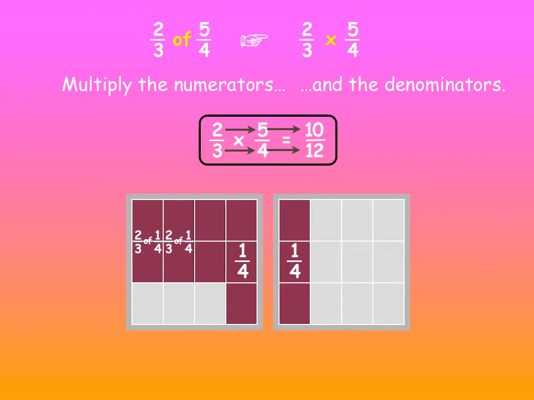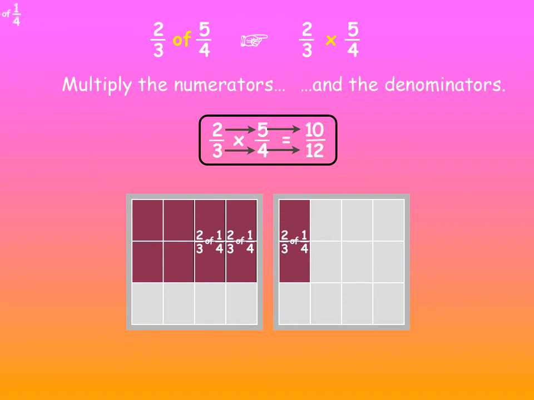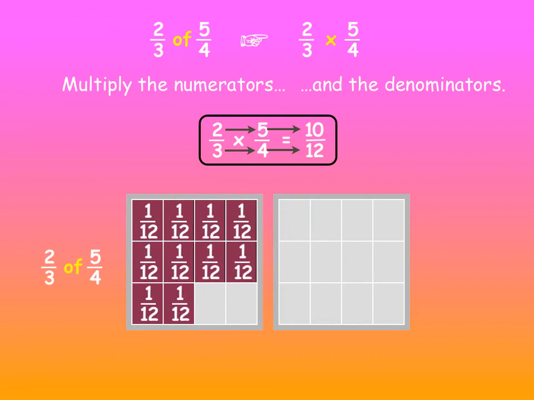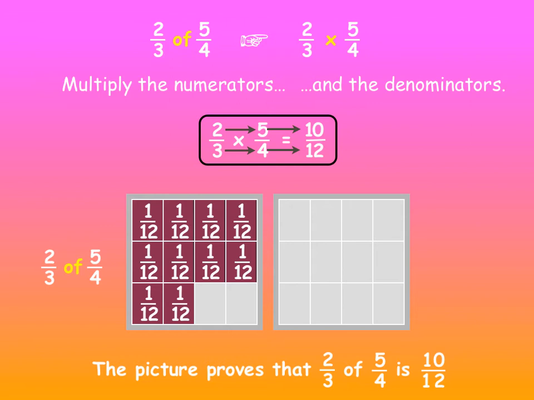And we'll do it again, and again. There, we've done it 5 times. So this is a picture of 2/3 of 5/4. Let's do some rearranging here. And we can see we've got a lot of twelfths. There's 10 of them, 10 twelfths. The picture proves that 2/3 of 5/4 is 10 twelfths.